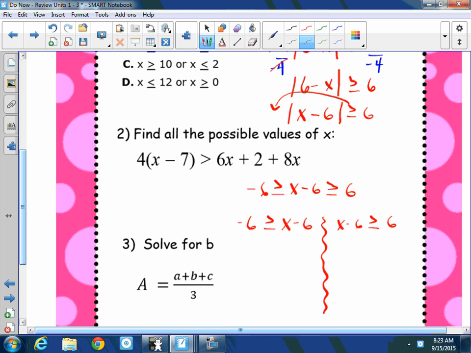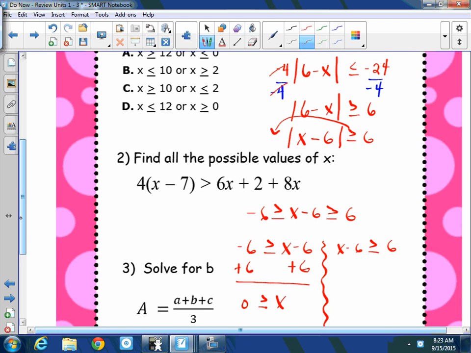Now I'm going to do plus 6 on both sides. Anything that doesn't have a 0, I can take away, right? Because over here, x is less than or equal to 0. So which two can I eliminate? B and C. This is exactly what the starting one will do.